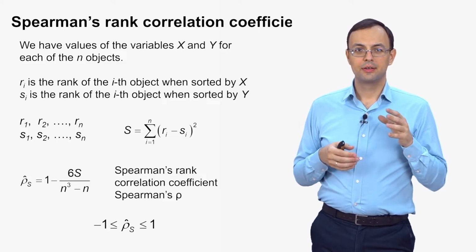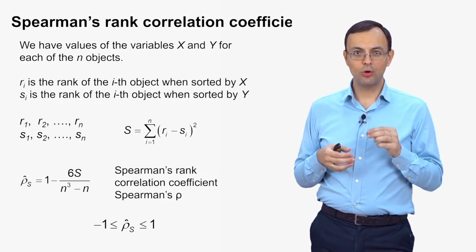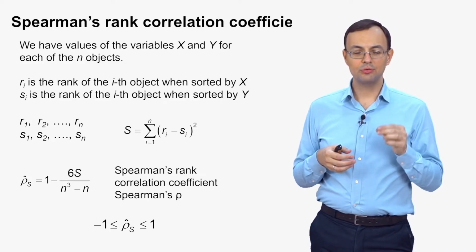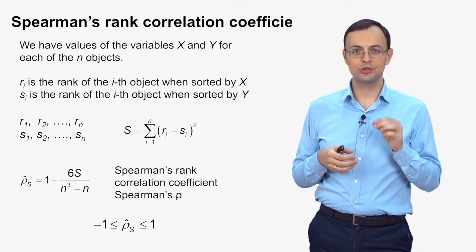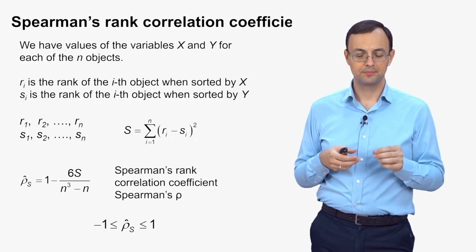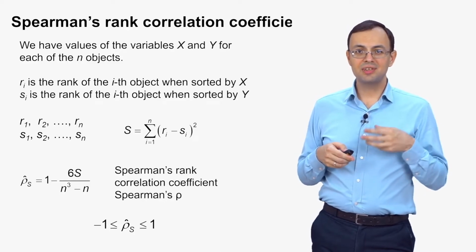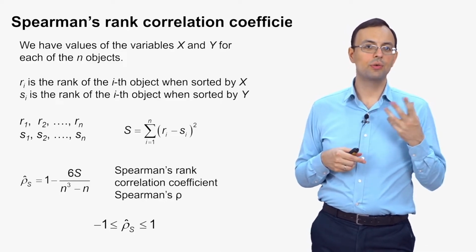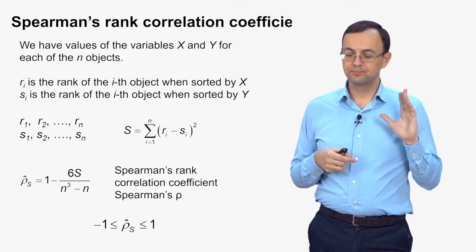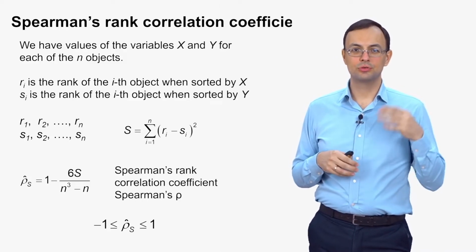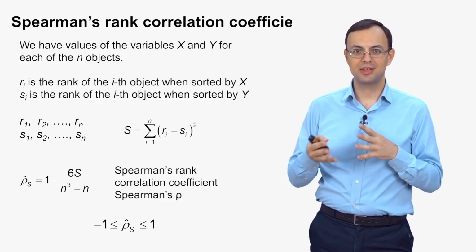So the physical meaning of Spearman's rho is how strong the monotonic dependence, the monotonic relationship between x and y is. Sometimes it is enough just to calculate this coefficient, to say that rho is like 0.75 or rho is minus 0.3, and it's enough to understand the situation.